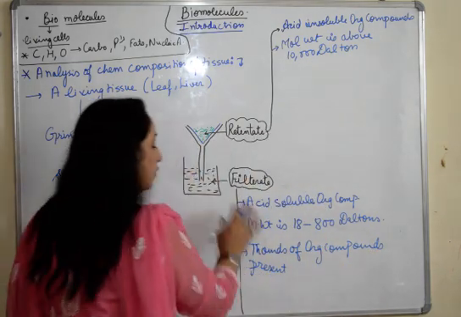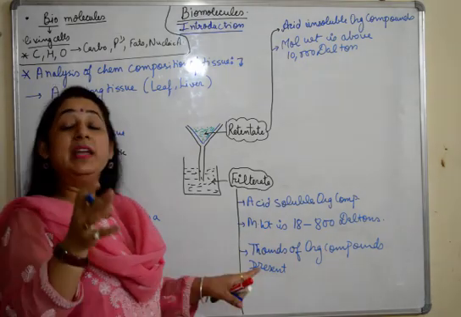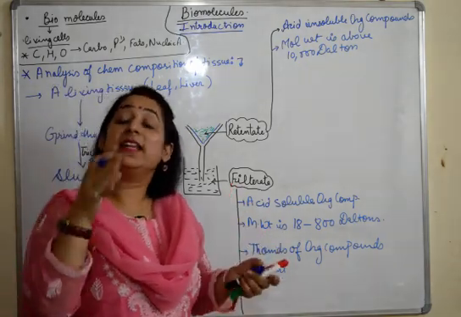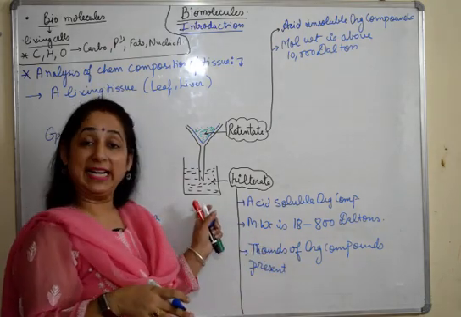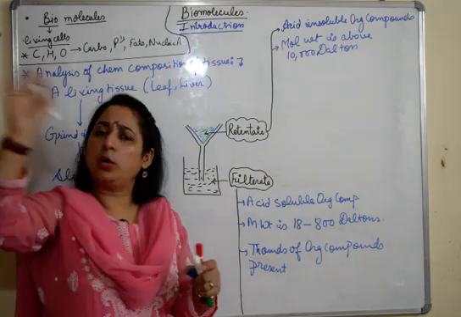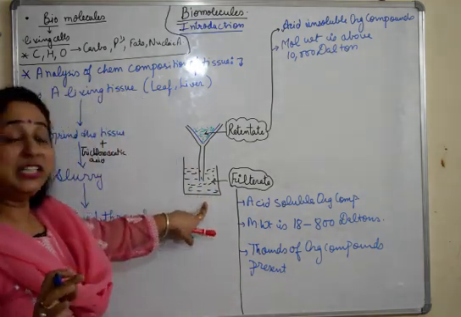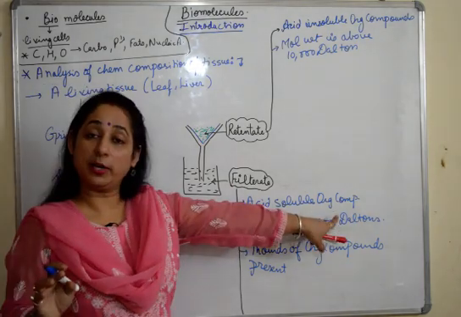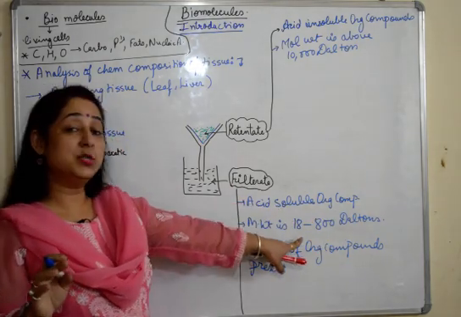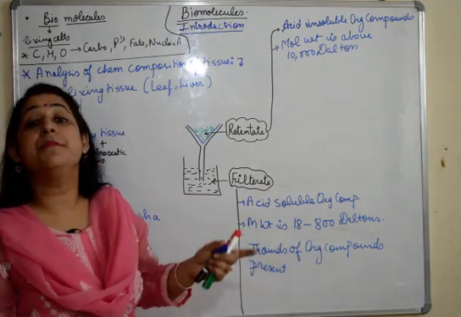What will we do now? We will perform other experiments on this filtrate to extract those organic components and study their composition. That's an altogether different process. But as of now we know that in filtrate we have acid soluble organic compounds, the ones which have molecular weight between 18 to 800 Daltons, and there are many.